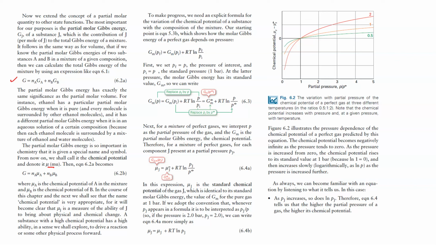First, we set P sub F equal to P, the pressure of interest, and P sub I equal to P standard, the standard pressure of 1 bar, remembering that P sub F is our final pressure and P sub I is our initial pressure. So when we go back to this equation, we can see that the molar Gibbs energy at the final state is equal to the molar Gibbs energy at the initial state, plus this adjustment factor of RT natural log of the ratio of the final pressure over the initial pressure.